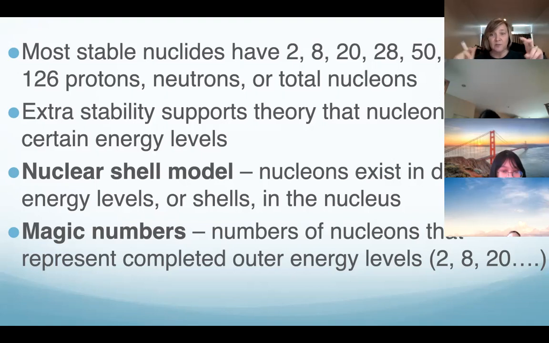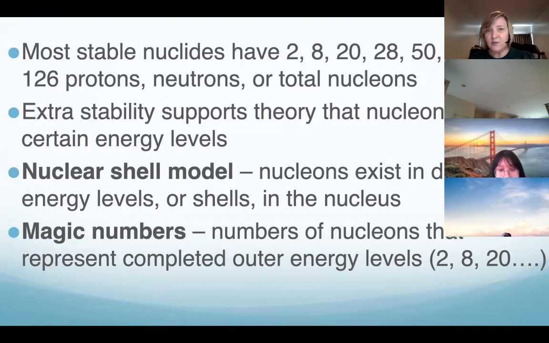Those were like the magic numbers for electrons. So if an atom has 2 electrons, it's stable because the first level holds 2. If an atom has 8 electrons, it's stable because level 1 can hold 2 and level 2 can hold 6 for a total of 8. Remember that? Like a full octet. So the magic numbers are basically like an octet, but for the nucleus.